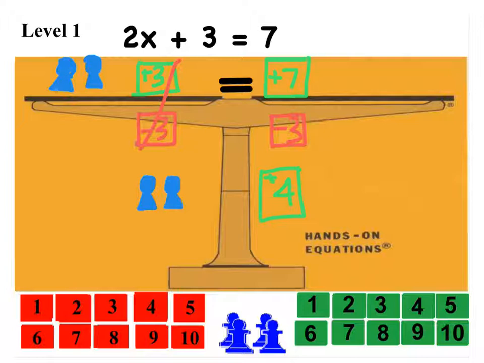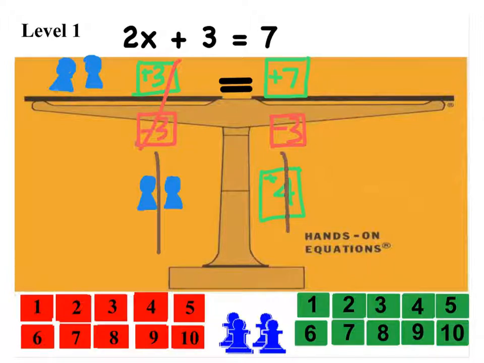Now, we have two x's, but we want to figure out what just one x is. What I can do is take my x's and divide that entire side into two groups. And if I do that to one side, I've got to do that to the other side.